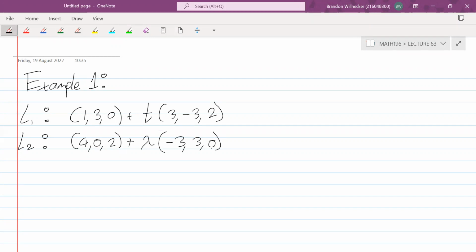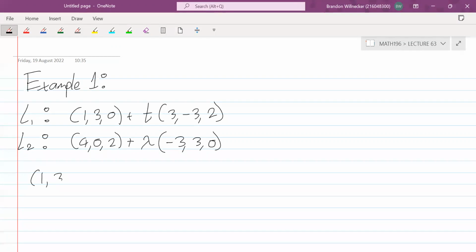So we've got two lines in 3D space. We want to see, is there some intersection between them? If there's an intersection, it means that there's some t value and some lambda value where these two are equal, giving the same point. So let's make the two points equal.